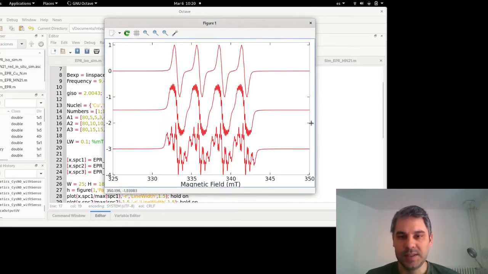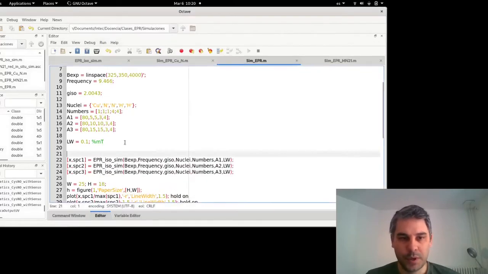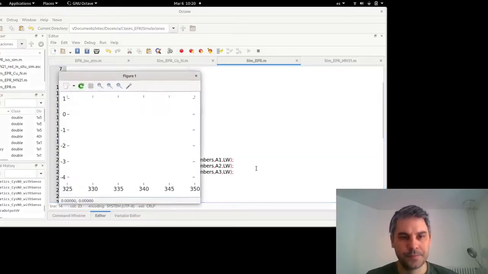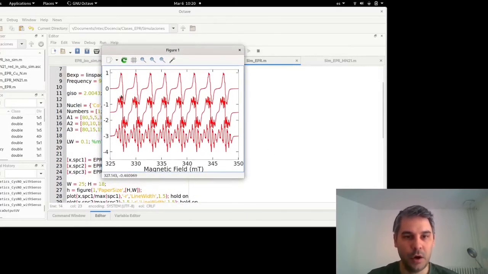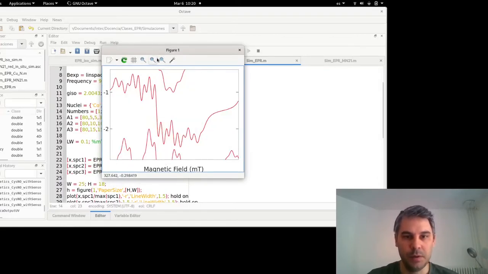So this is an example with copper. We could do the same example instead with copper, we could do it with cobalt. And I will reduce this a little bit just to make the simulation faster. Cobalt will have 8 hyperfine lines, and all of them will be split by many small resonances.